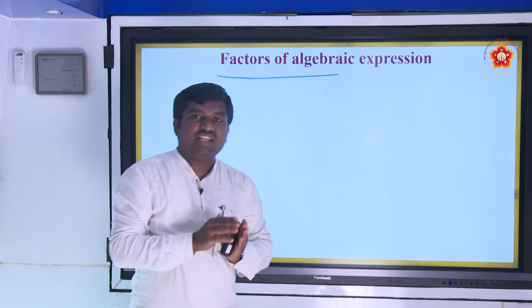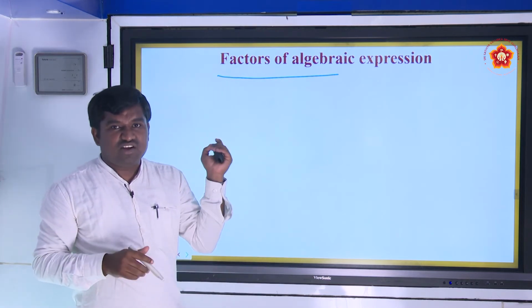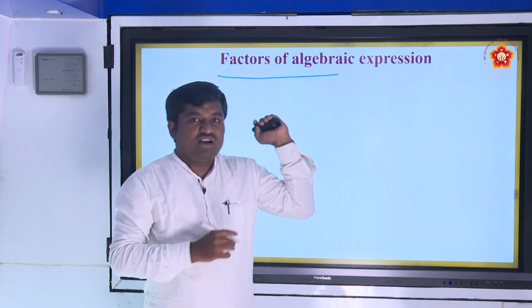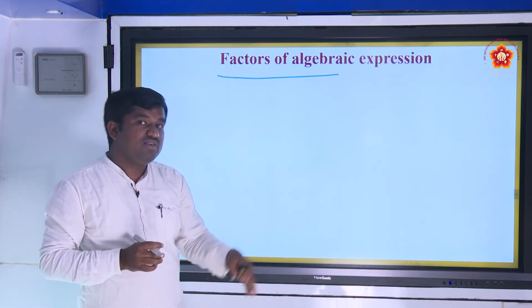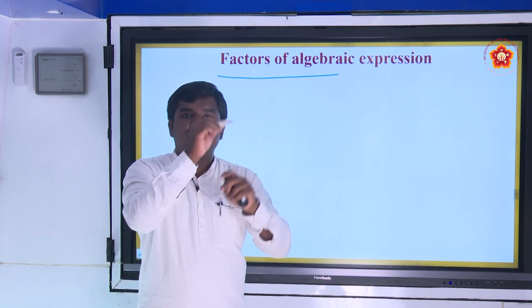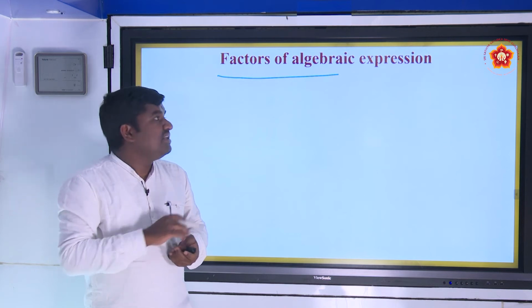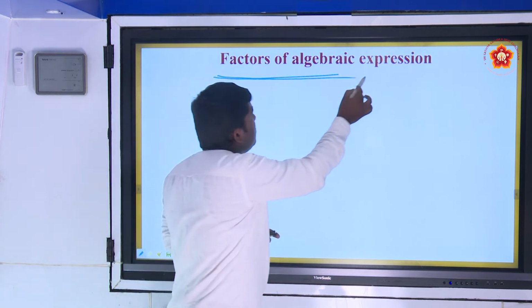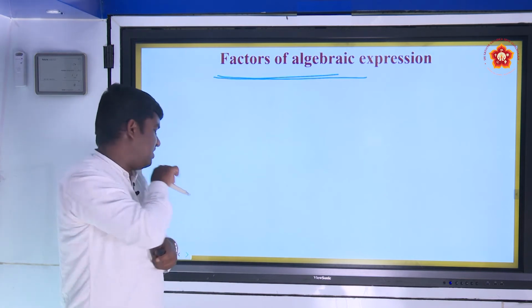You know how to write the factors for natural numbers. We took 12 as a natural number and found the factors of 12. You already know, or in the second slide we saw how to find factors for 6. In the same way, how do we find factors for an algebraic expression?